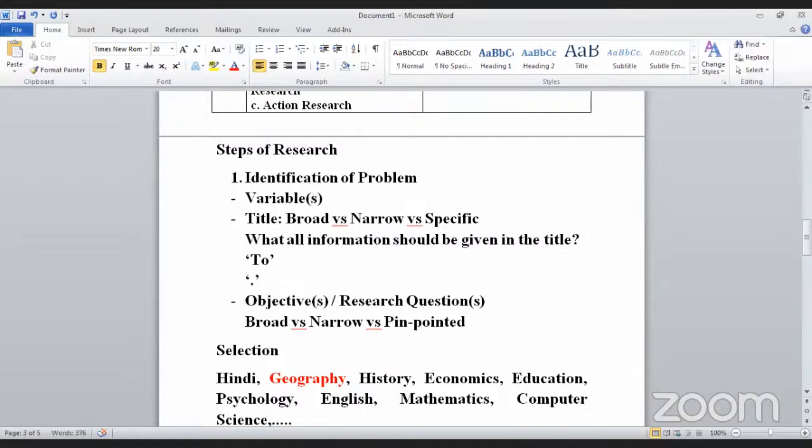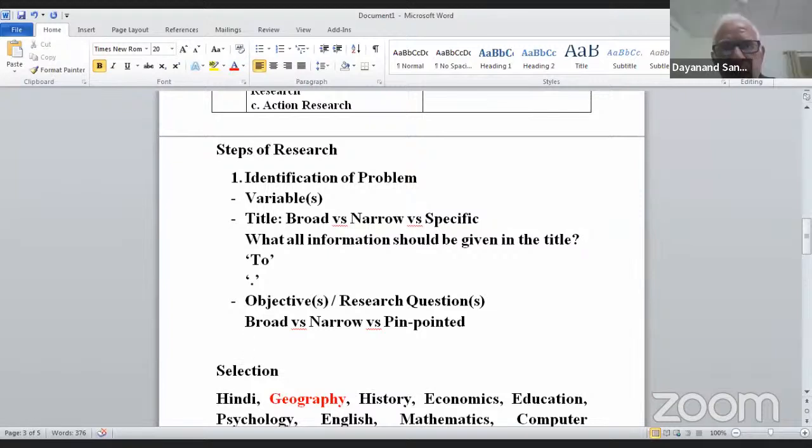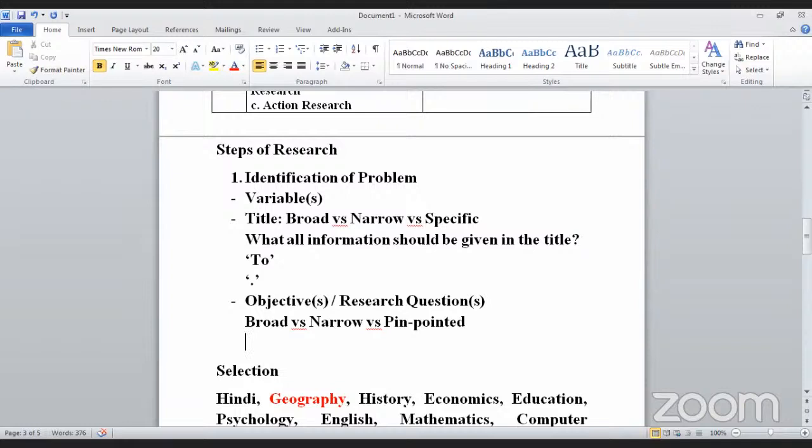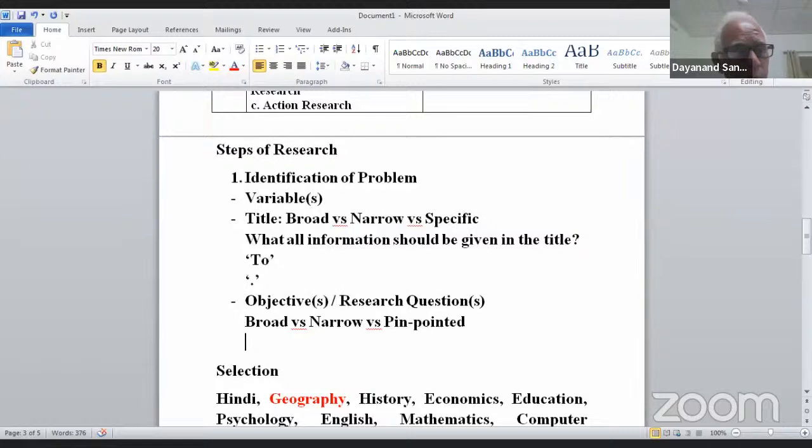Objective should be pinpointed, sir. Very good. It has to be pinpointed. The more pinpointed the objectives, the better direction you will have. If your objectives are not pinpointed, then you will not know what to do and what not to do. And then you can write your objective either in the sentence form or in the question form.